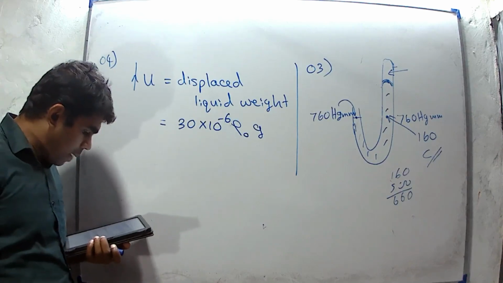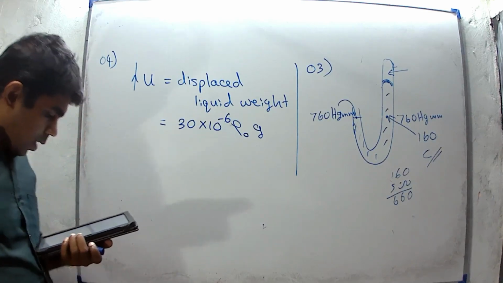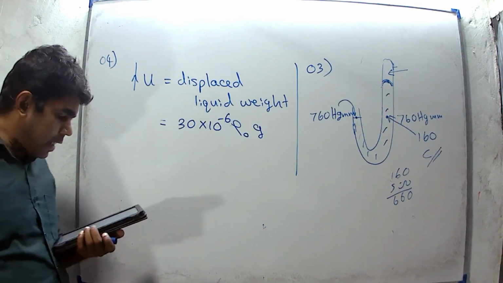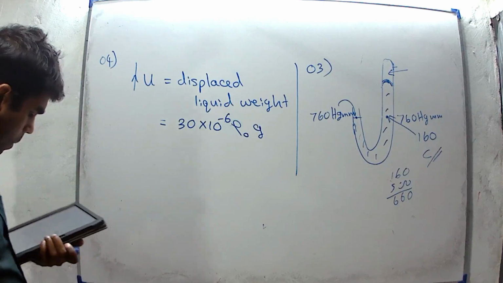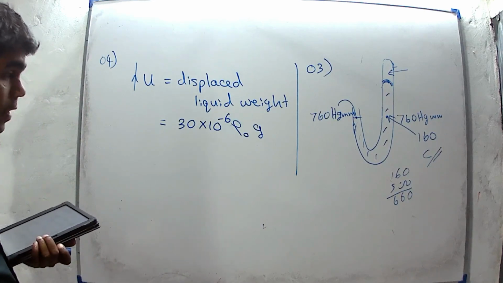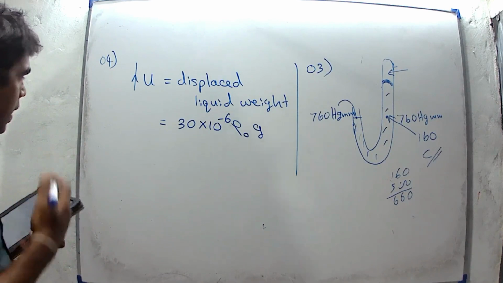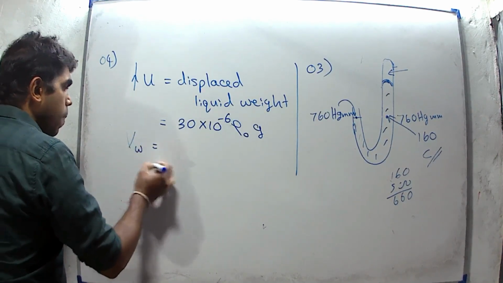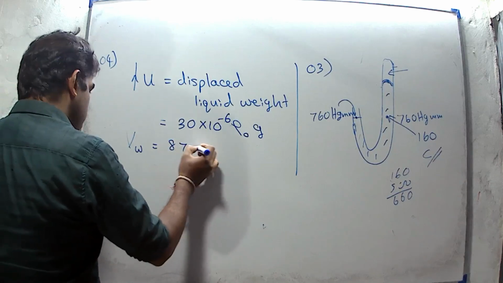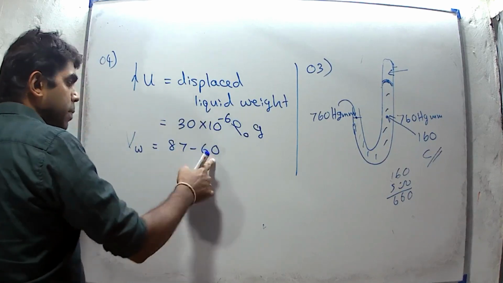When ice is melted, new reading is 87 cubic centimeters. Water volume made by melting ice, volume of water, 87 minus 60, final reading minus initial reading.